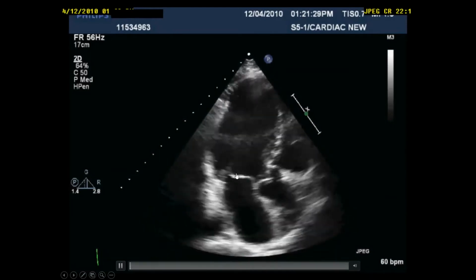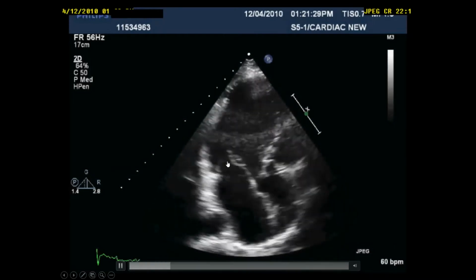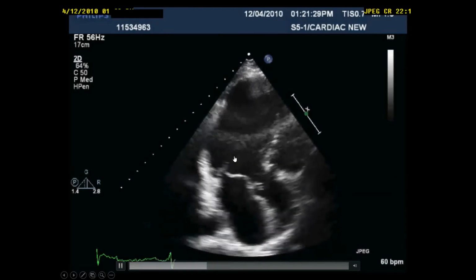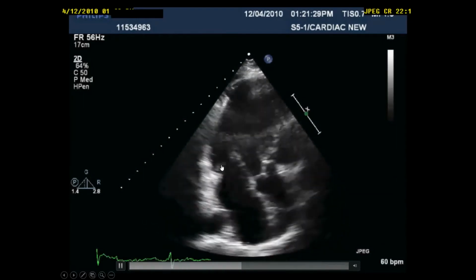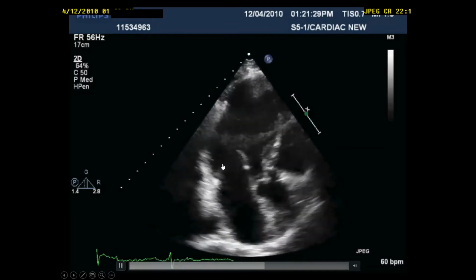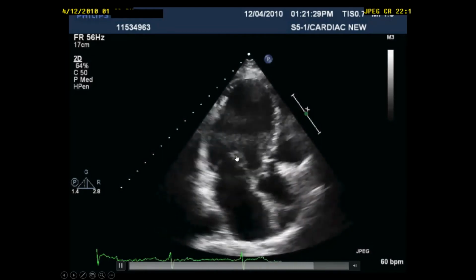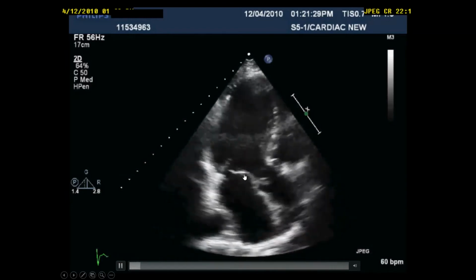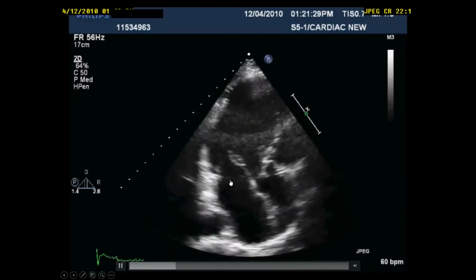This prolapse in the anterior leaflet is not true prolapse, it is relative prolapse. Why? Because you see it prolapsing because the posterior leaflet is tethered and retracted downward. The traction and tethering of the posterior leaflet gives an impression of anterior leaflet prolapse. That's why you call it relative prolapse.